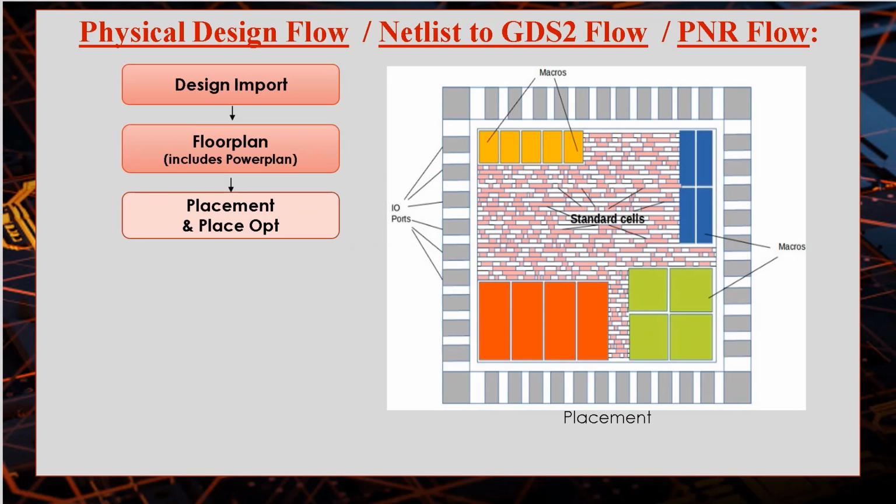So the PD tool determines the location of each standard cell in the core area based on the placement algorithm and places them in the standard cell rows. In place opt, the tool also does optimizations in terms of timing, area, power, DRVs, etc.